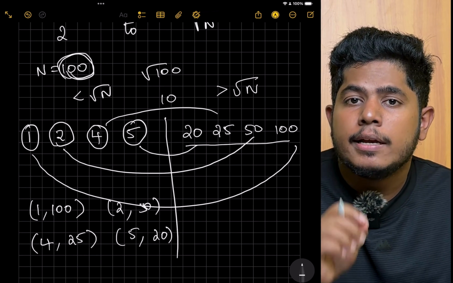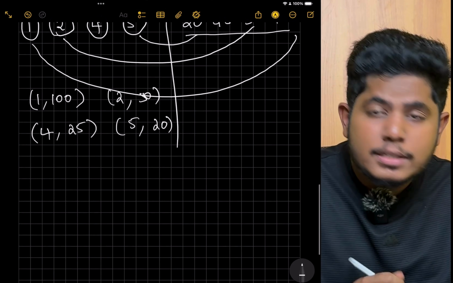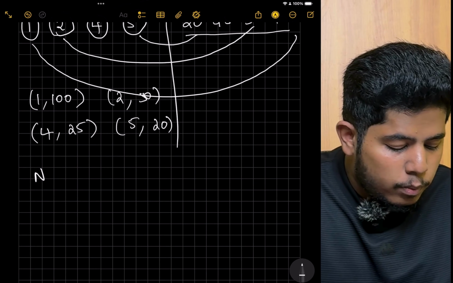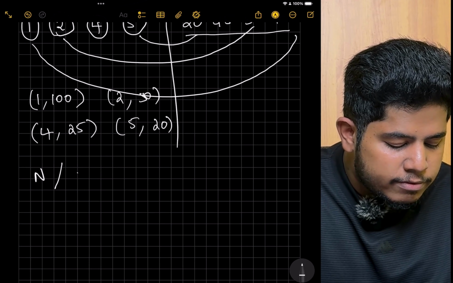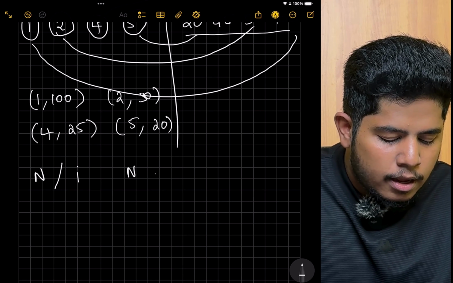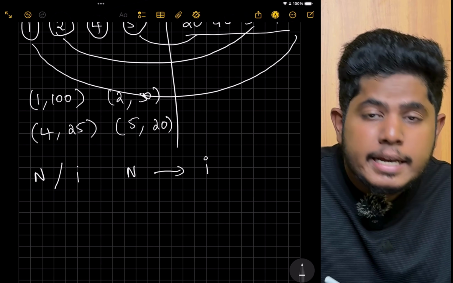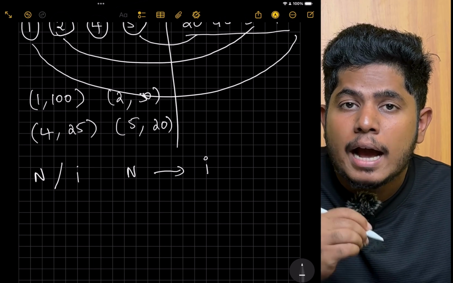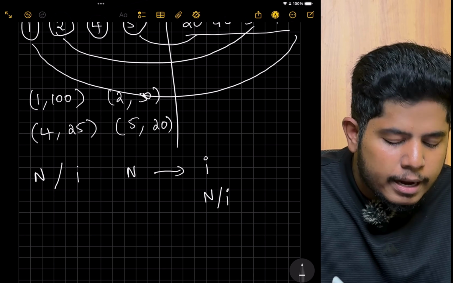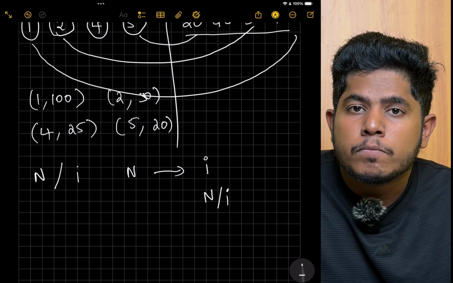And mathematically we can make a statement. And what is the statement? If you take a number n and when the number is divisible by i, that is, when you claim i is a factor of n, you can also claim that n divided by i will be a factor.